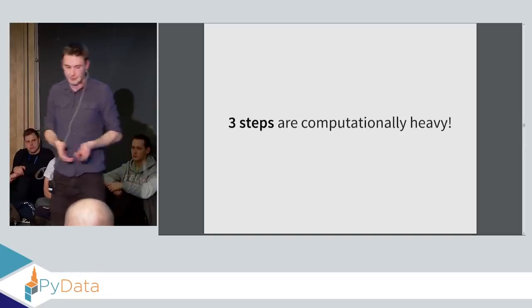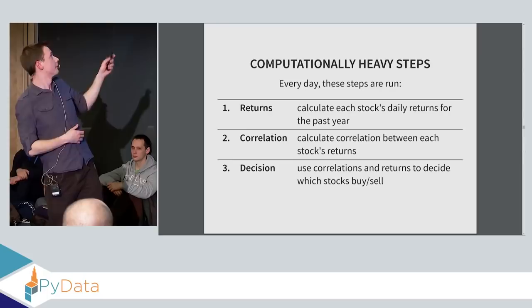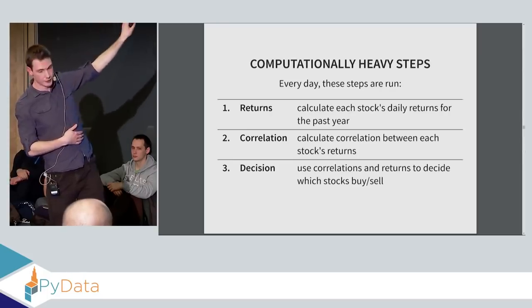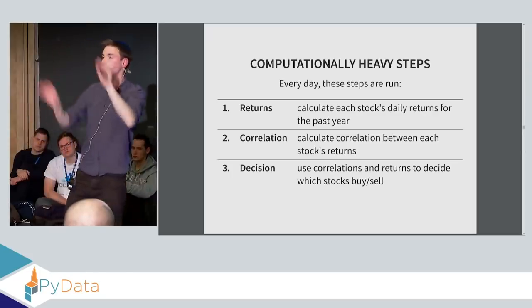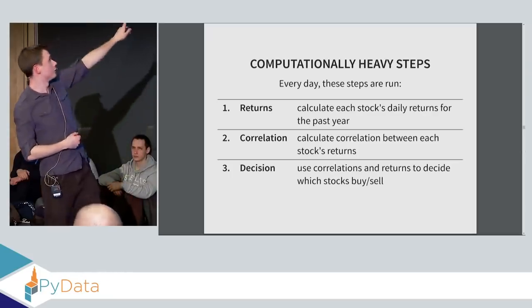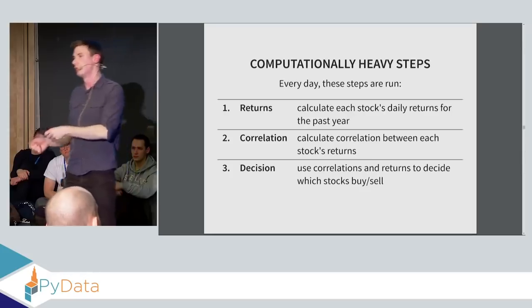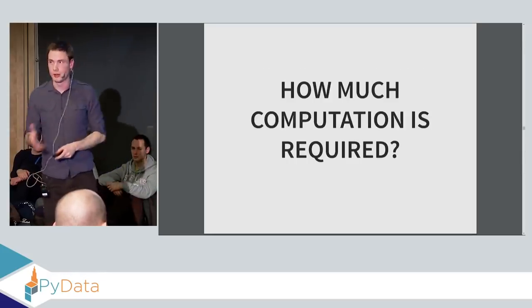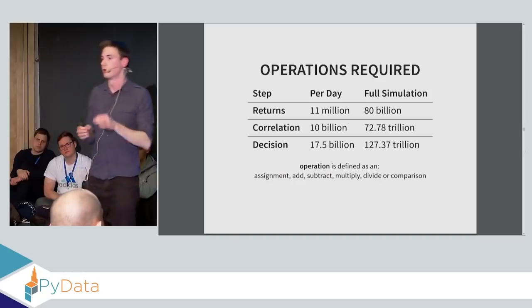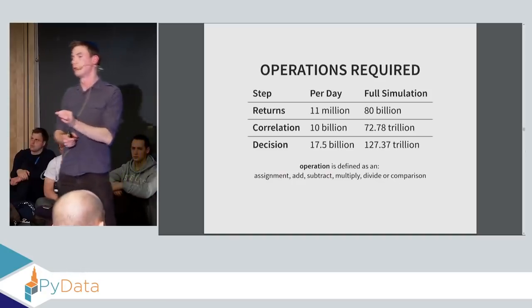So what went wrong? Well, 3 steps are computationally heavy. We have the return step that calculates the stock's daily returns for the past year, the correlation step, which calculates the correlation between all those returns, and then the decision step, which uses PCA and linear regression to perform that residualization process I talked about earlier. To put it in concrete terms, I calculated by hand the number of floating point operations that would be required.